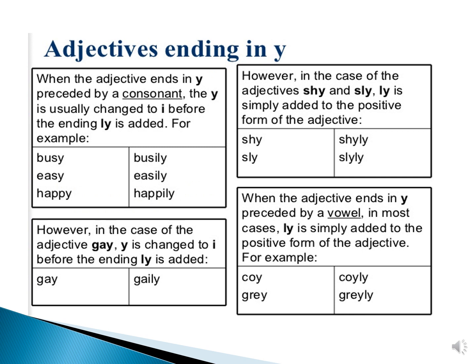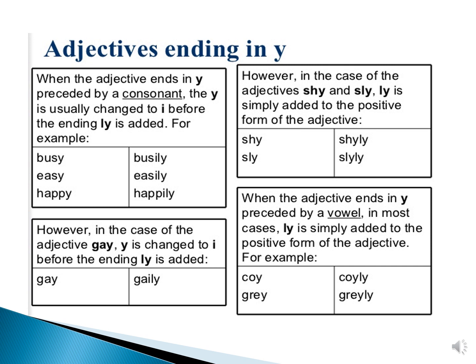This is another group of adjectives ending in y. When the adjective ends in y, preceded by a consonant, the y is usually changed to i before the ending -ly is added. For example, busy, busily, easy, easily, happy, happily.